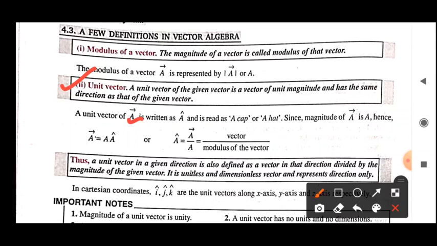Suppose we have vector A, then its unit vector is represented by a cap, or a hat. A cap is defined such that when we multiply the unit vector by the modulus of the vector, that gives us the vector. So simply, a unit vector can be defined as the vector divided by the modulus of the vector.